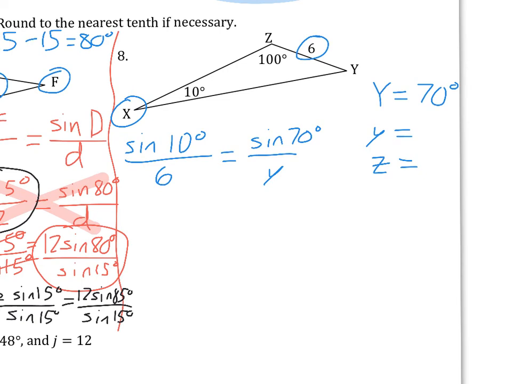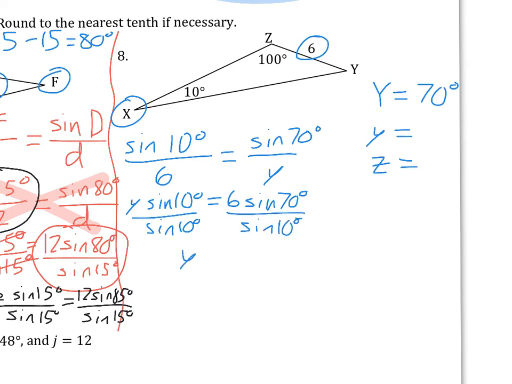Cross multiply, Y sine 10 degrees equals 6 sine 70. Divide both sides by sine of 10 degrees. And we get that Y equals 32.5.